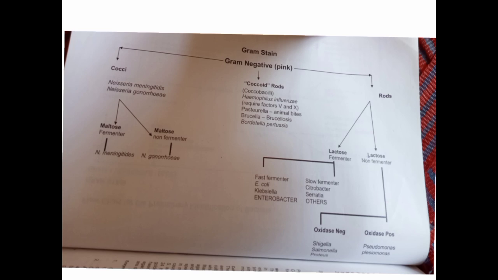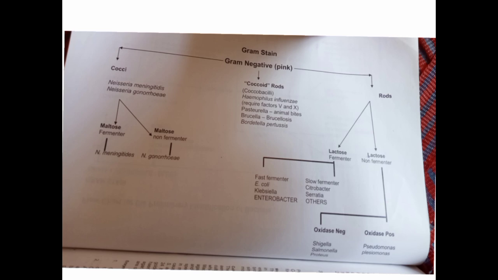So the non-lactose fermenter bacteria are also further divided into two classifications. They contain two groups of bacteria: oxidase positive bacteria and oxidase negative bacteria. Oxidase is a biochemical test, so here we classify the group on the basis of a biochemical test, the oxidase test.